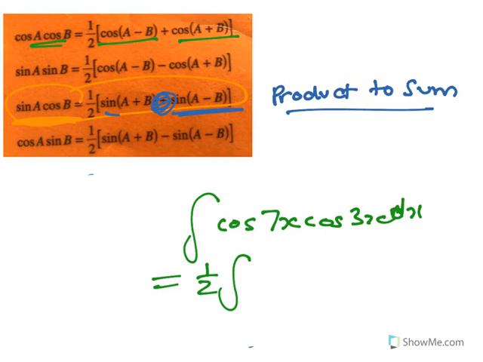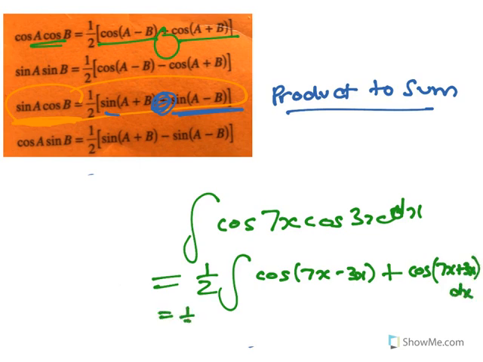So you go a half, cos 7x minus 3x plus in the middle cos a plus b, 7x plus 3x dx. So that's 1/2 integral of cos 4x plus cos 10x dx.